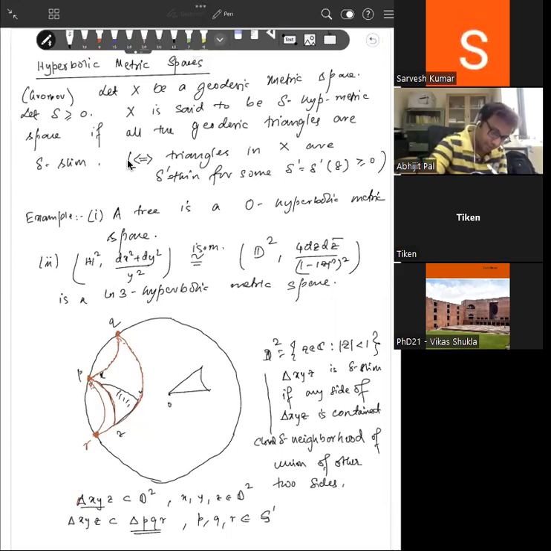So this is 0, and this is, let us call, Y bar, Z bar, and this is X bar. Now you extend this part also, and join this thing. So you'll get an ideal triangle, right?